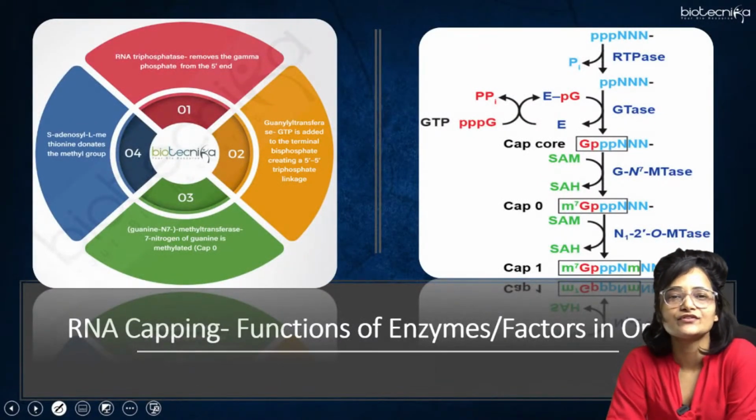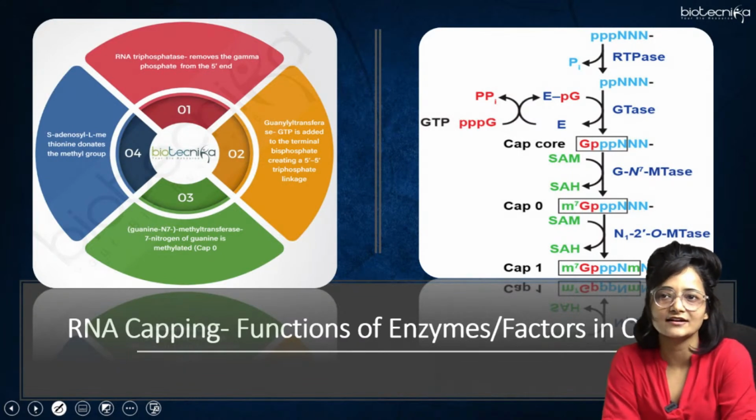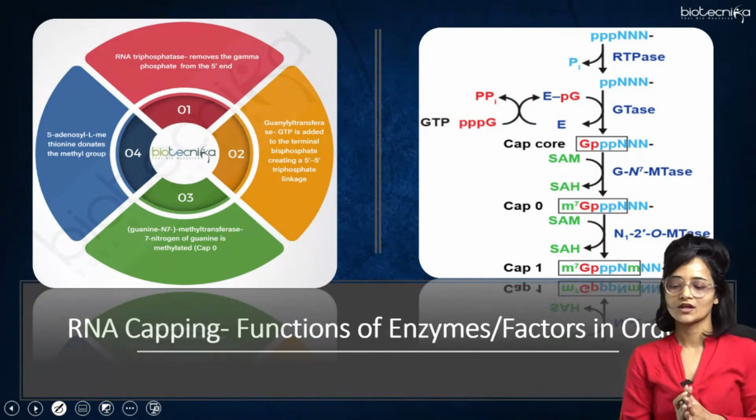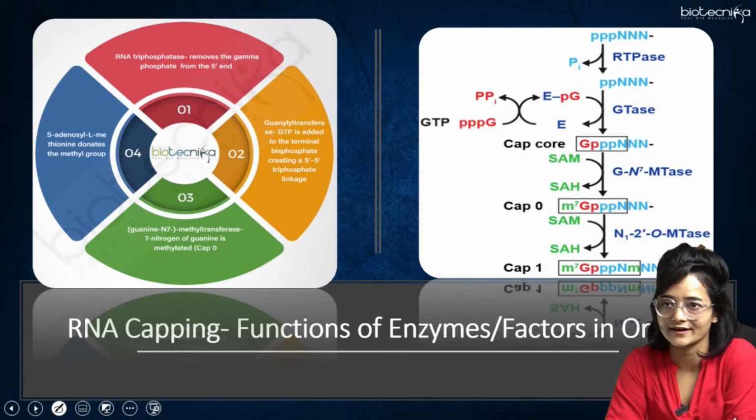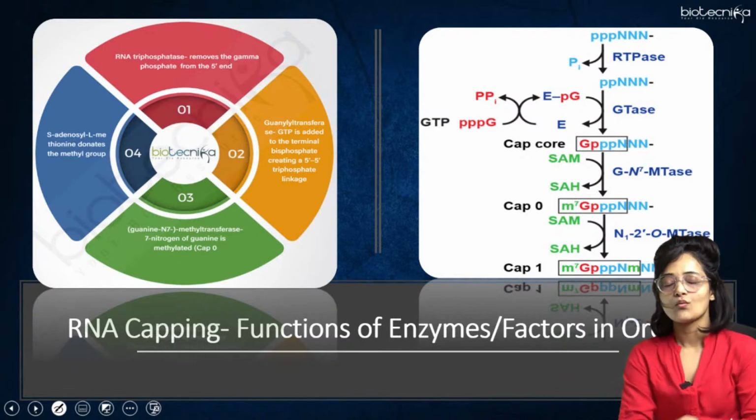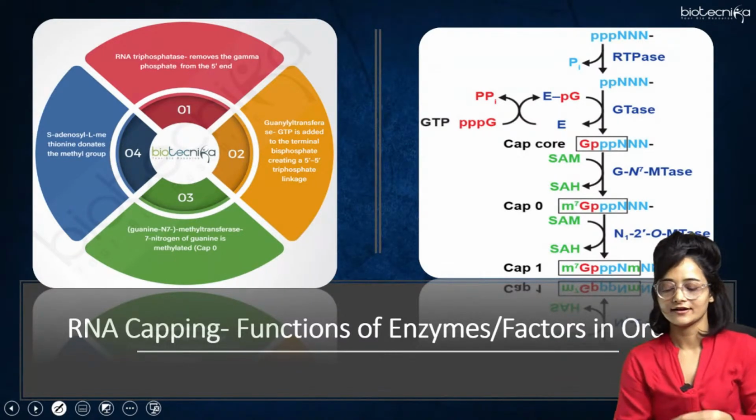Right. So first comes the RNA capping. So the function of the enzymes and the factors which come in order. In this, you need to remember each and every enzyme which is involved in the RNA capping, right? So what do you actually mean by RNA capping?